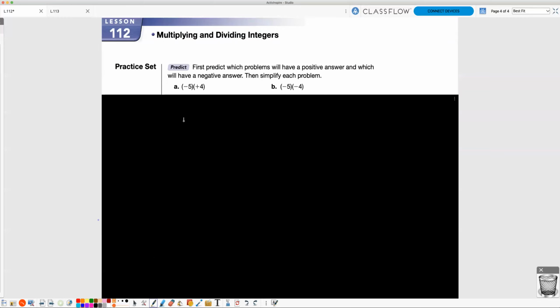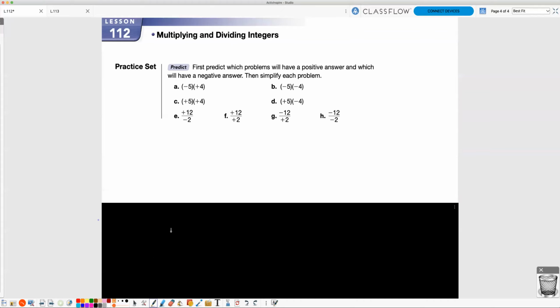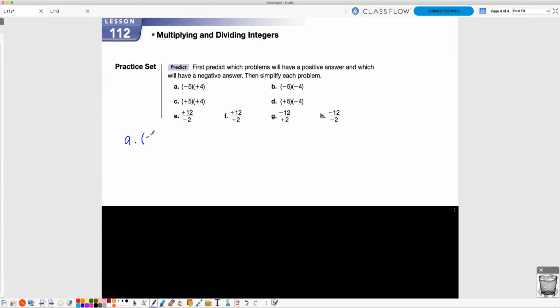All right, first predict which problems will have a positive answer and which will have a negative answer, then simplify each problem. For our purposes here, you can just go ahead and simplify the problems. For letter A, what is negative 5 times a positive 4? You should know that 5 times 4 is 20, and then look at the two symbols. They're two differing symbols, so the answer should be negative 20.